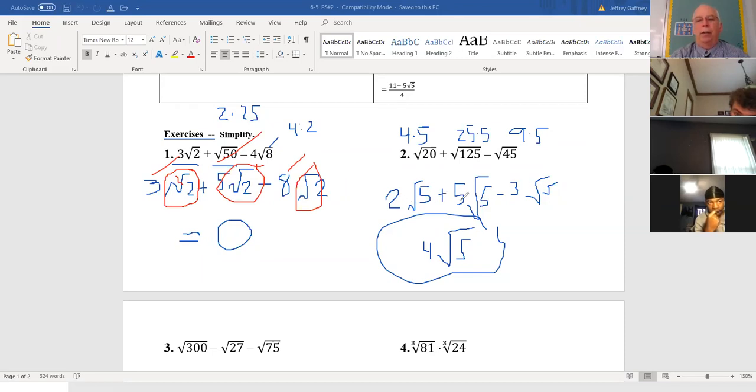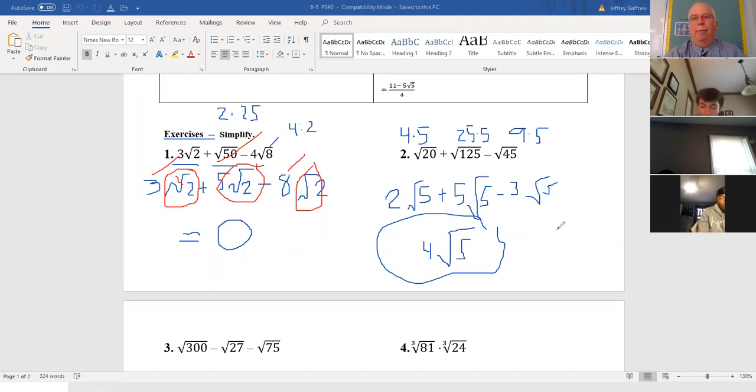Well, 2 plus 5 is 7, right? And 7 minus 3 is 4. Does that make sense? I can add those all together because they're like radical expressions. Same radicand, which in problem number 2 is 5, and in problem number 1 is 2, and same indices, meaning the root on all of those 3 in number 2 and all those 3 in number 1 are all square roots.